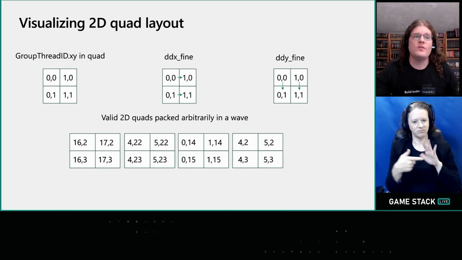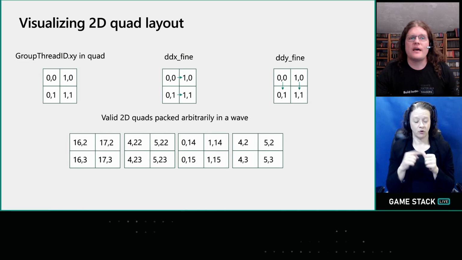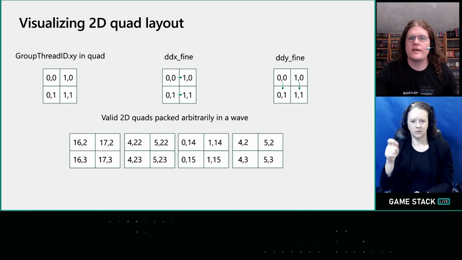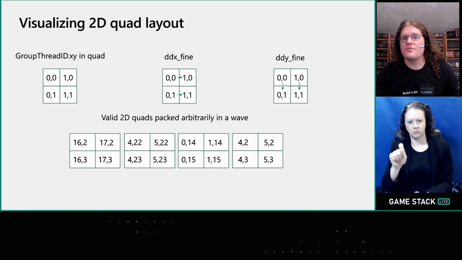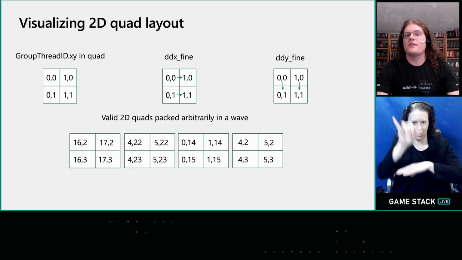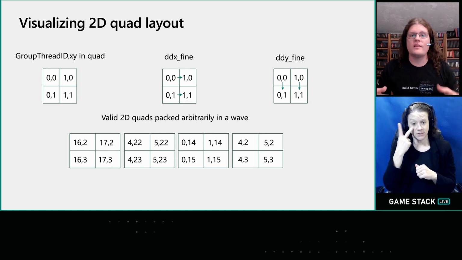First of all, we've just demonstrated how the group thread ID will be laid out in two-dimensional coordinates, as I've described. And also we see that DDX fine is perfectly understandable, 0,0 to 1,0 and 0,1 to 1,1. And the DDY fine is doing the same, but in the vertical direction. Now here on the bottom is what I was saying before, where you've got these 2D quads, and each one of these is a valid quad according to the 2D quad layout.